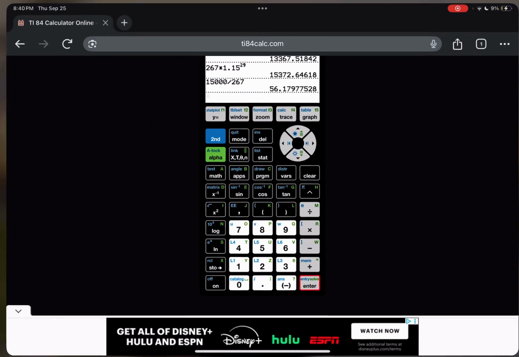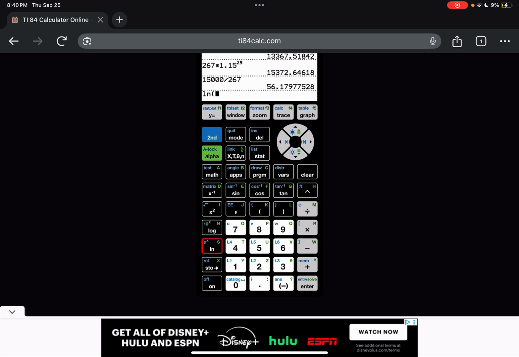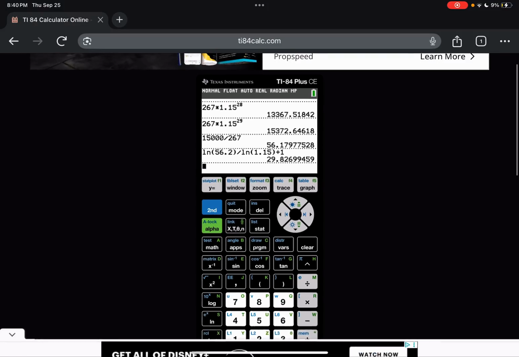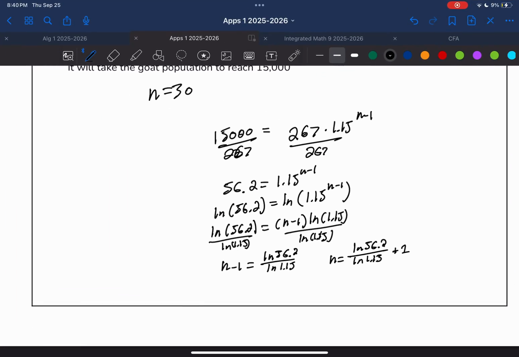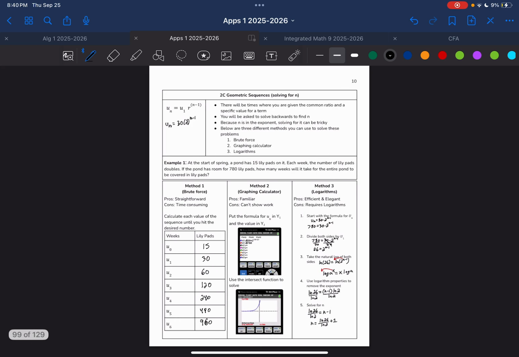And if we go back over here, we get ln 56.2 divided by ln 1.15 plus 1, and there's our answer. All right, so let me know if you have any questions on that, and I apologize again for the mistakes. Hopefully they don't cause too much confusion.